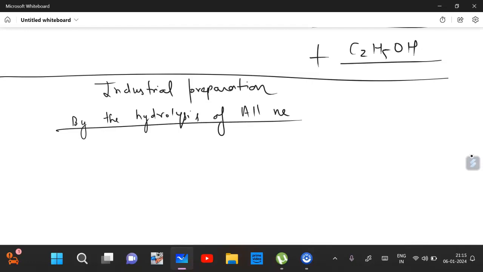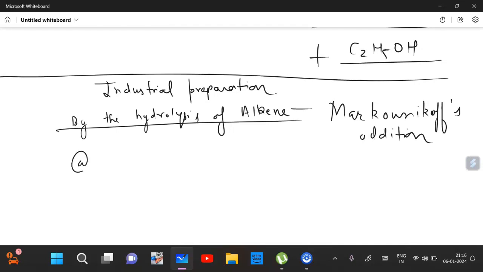The hydrolysis of alkene also gives us this. So in this reaction the Markovnikov rule is followed. Markovnikov's rule. Addition will be Markovnikov's addition.